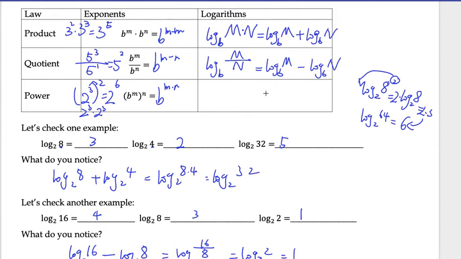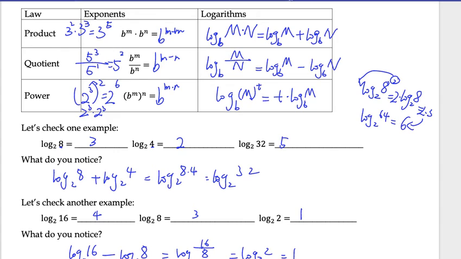So this one, the power property for logarithms, says if you are dealing with a power of a power, I can move this little exponent to the front and multiply it. Okay, so these are the three properties here.